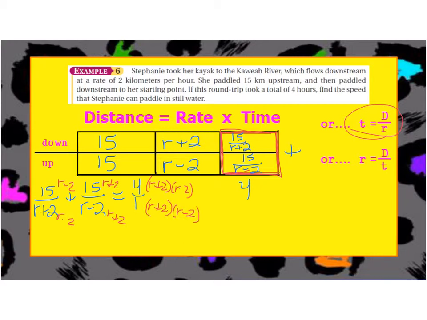All right, so this is a little bigger problem, what we've got going. Let's work on distributing the 15 on both of those. So I'm going to end up with 15R minus 30 plus 15R plus 30, all over my common denominator, R plus 2, R minus 2.